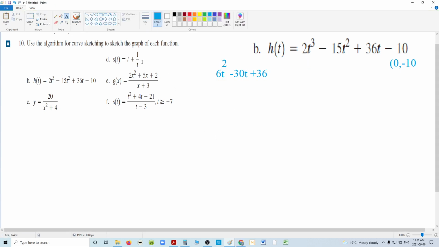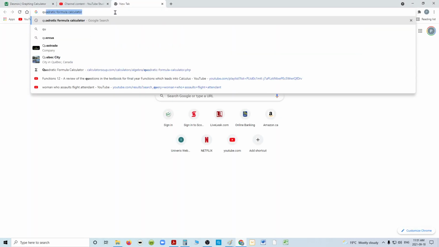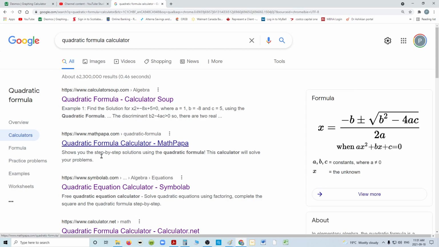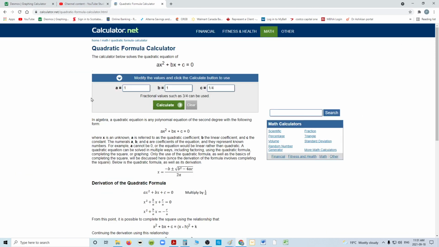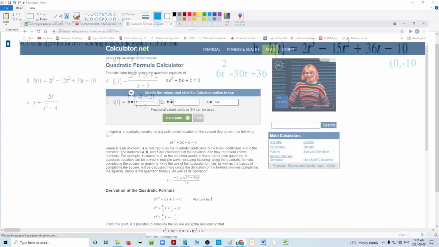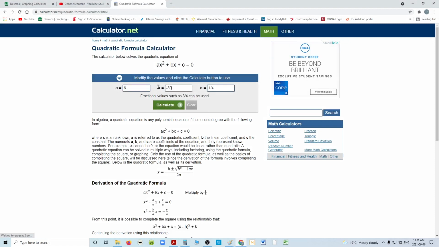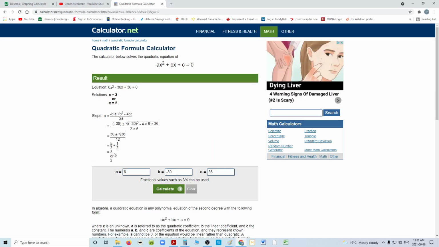And we're going to see if that has clean roots, and I'm just going to jump straight to my quadratic calculator, and I'm going to put in, I could factor it, but I'm just going to do this, 6, minus 30 and plus 36, to see if there's any clean ones. There are. It's 3 or 2, which means I could have factored it.